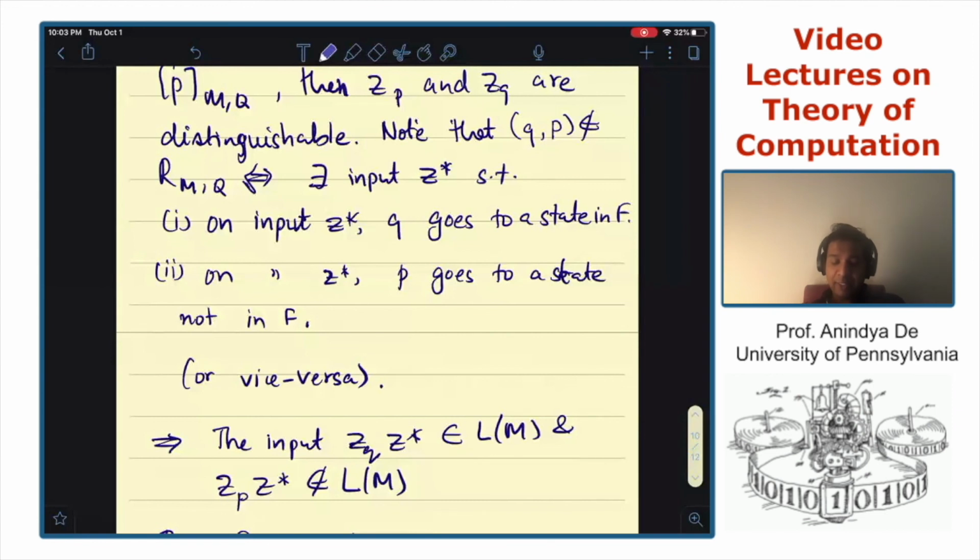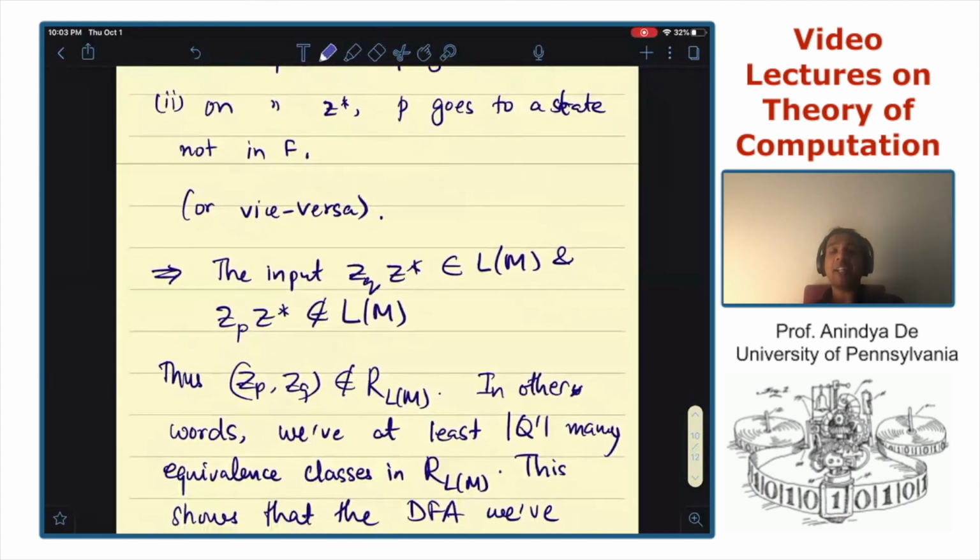Which means that if you read the string z_q z star, the DFA would go to an accepting state, and the DFA M would read the string z_p z star and go to a rejecting state, a state not in F. Which would mean that z_q z star is in L_M and z_p z star is not in L_M. Thus it means that (z_p, z_q) is not in R_{L_M}.